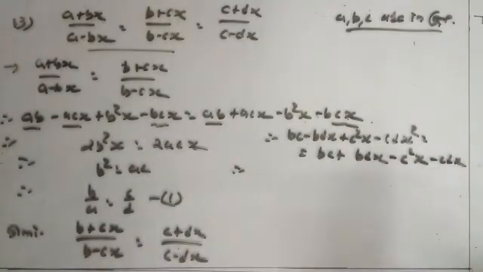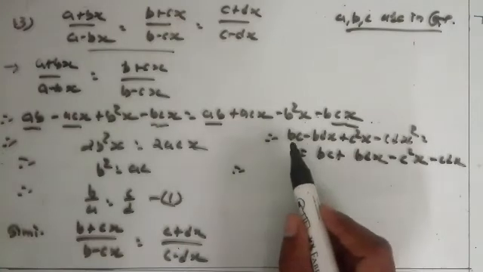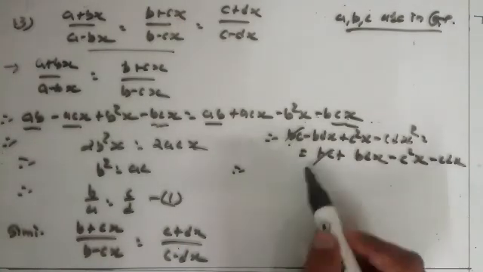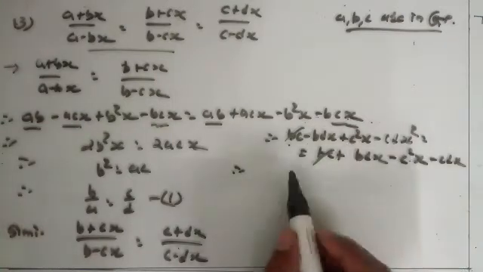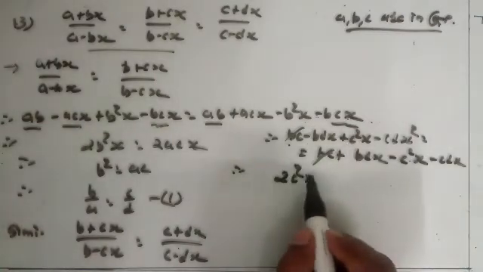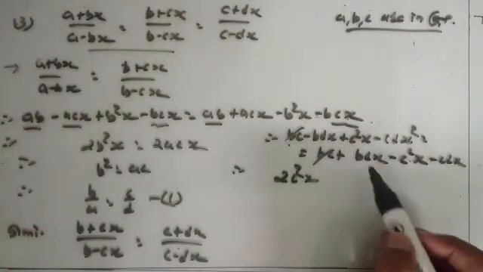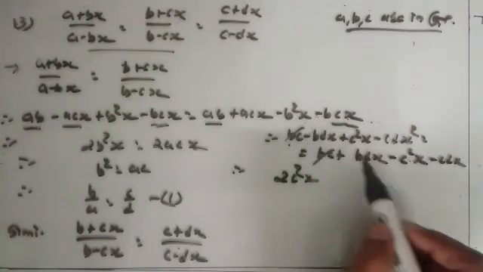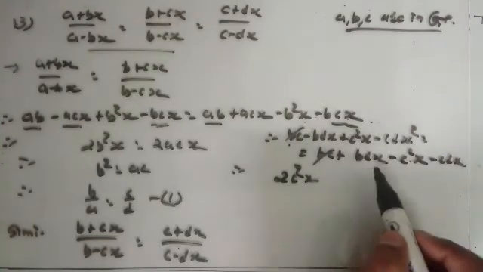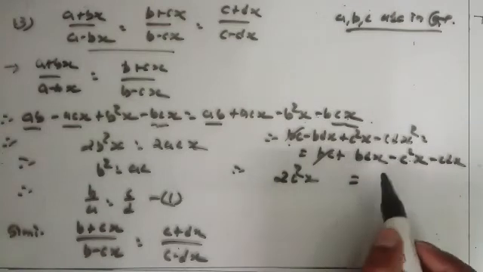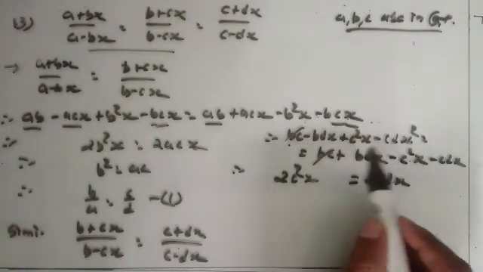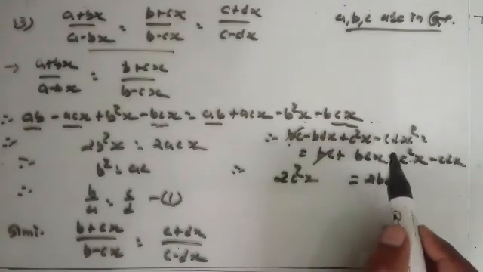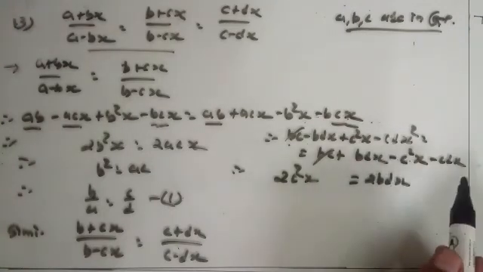Now simplify. bc from both sides cancels. c square x taken this side becomes 2 c square x. Next bdx taken this side becomes 2 bdx.